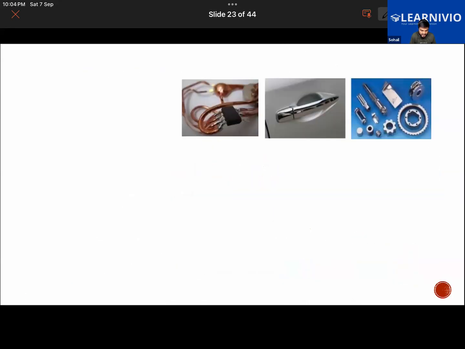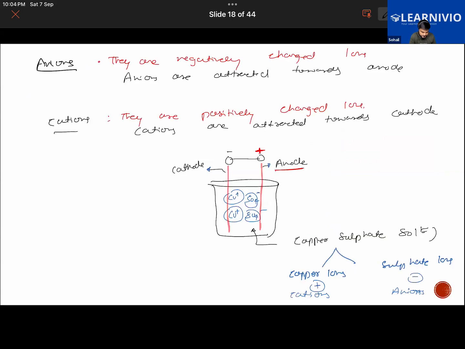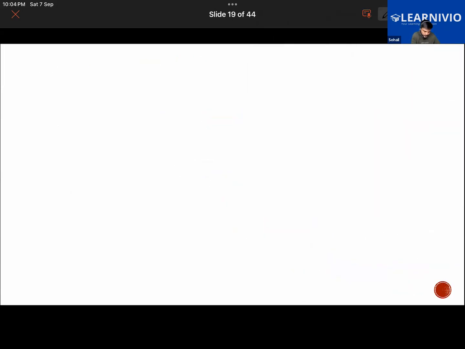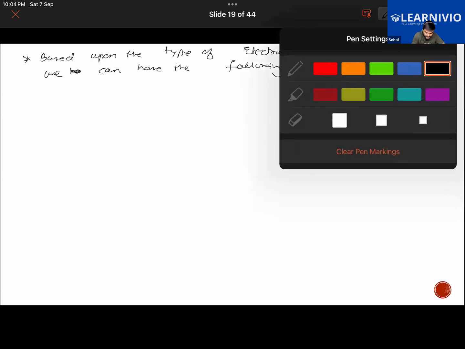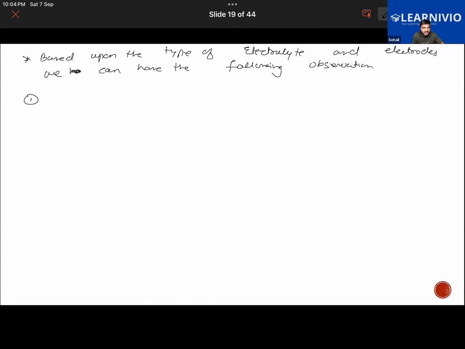Another thing to be noted down is that based upon the type of electrolyte we have and electrodes, we can have the following observations.